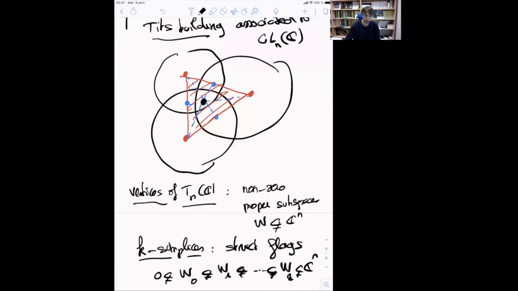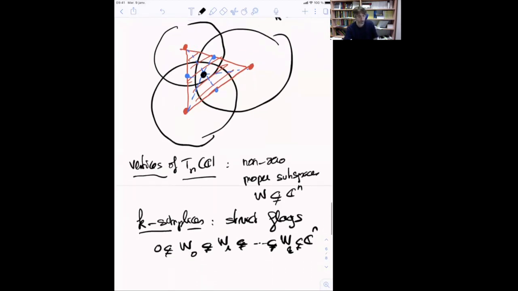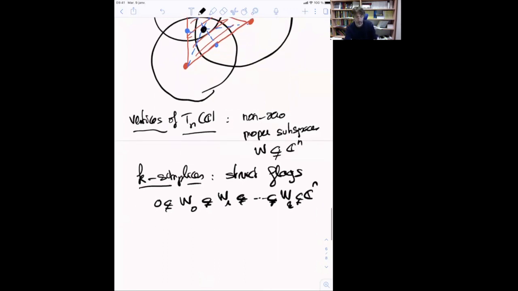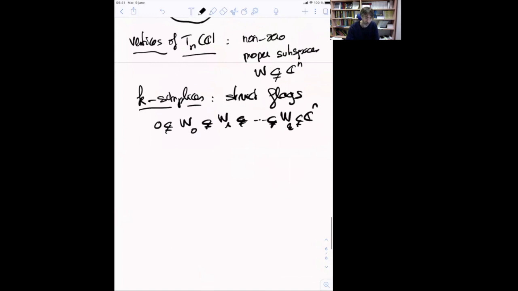Okay, so that's the more standard definition of the Tits building. And now I can mention that there is another compactification that is called the Tits compactification.